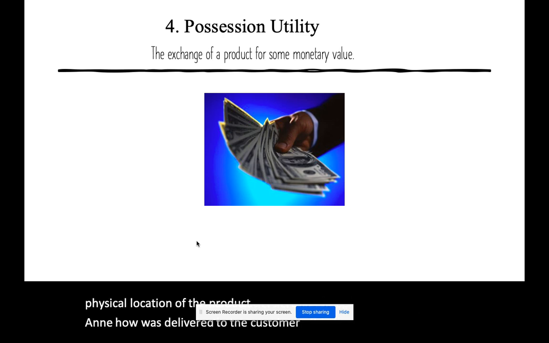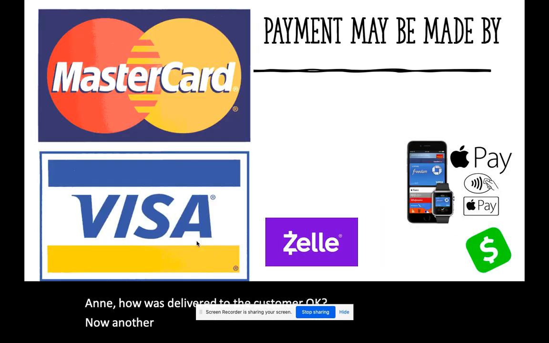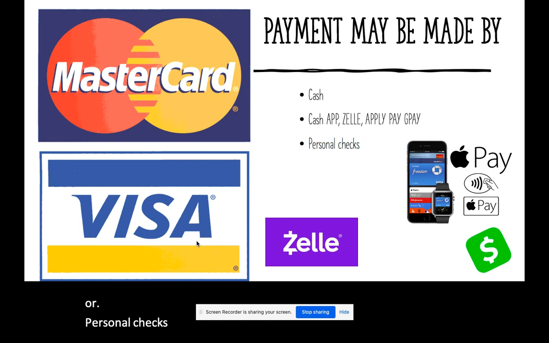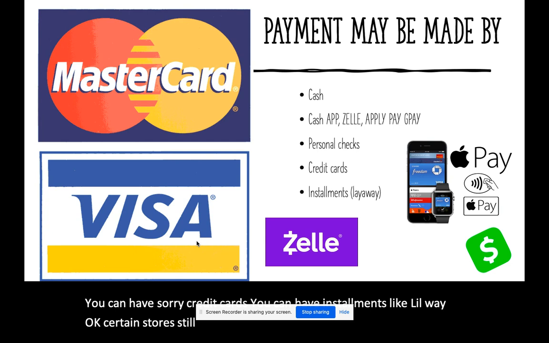Other examples of payment could be Cash App, Apple Pay, Zelle, or personal checks. You can have credit cards. You can have installments like layaway. Certain stores still offer installments.